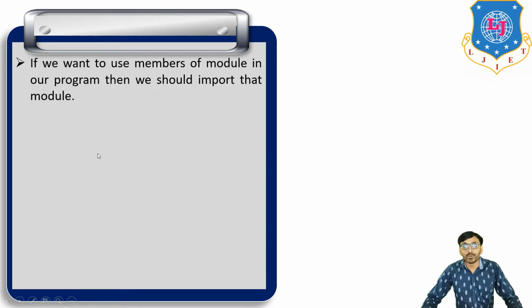Now if we want to use members of a module in our program, then we should import that module. It means if we want to use any module in our program, then first import that module and then use members of that module. So how do we import that module? By the import keyword.